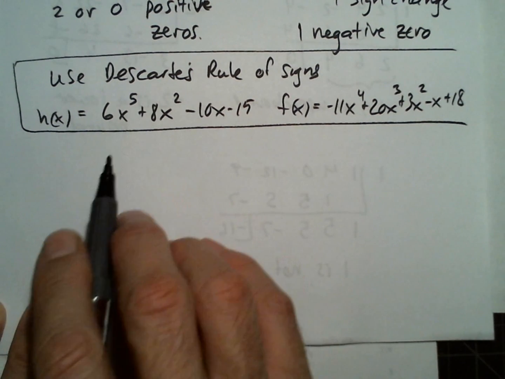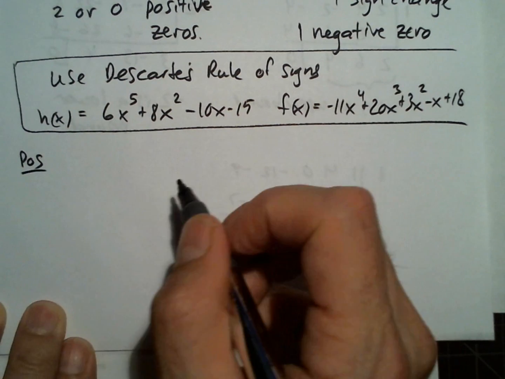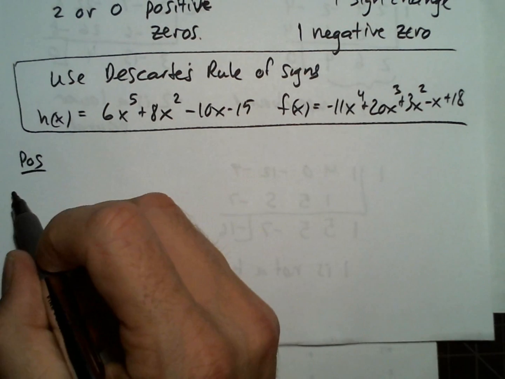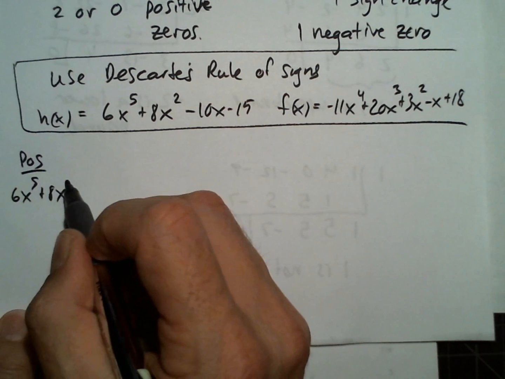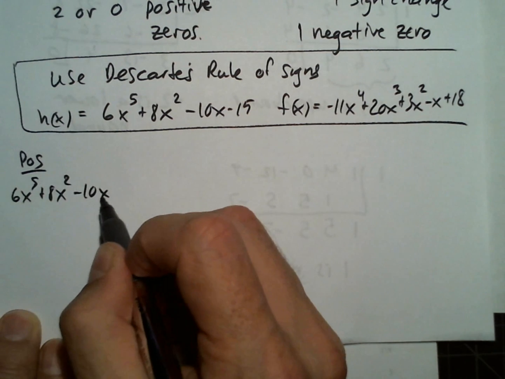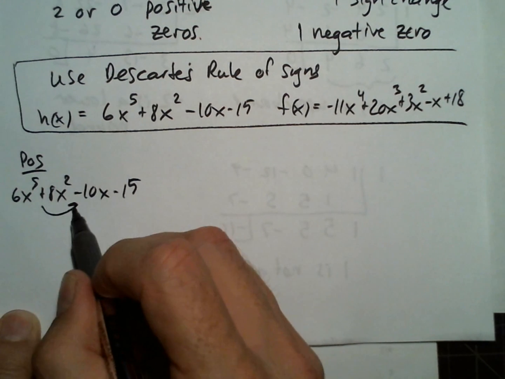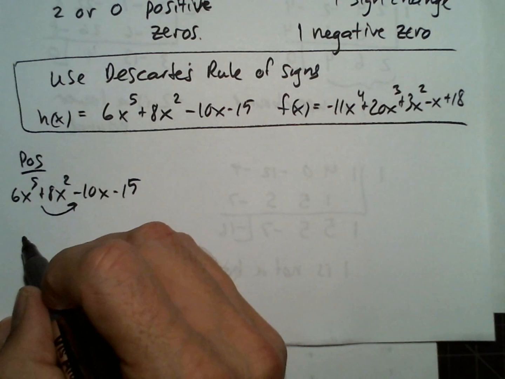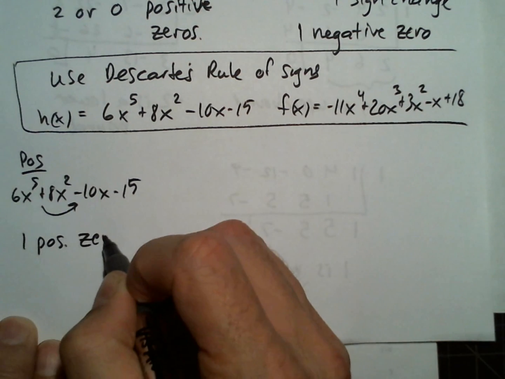Okay, so for this one, let's look for the positive zeros, and we will look for the sign changes in that. So we go positive, positive to negative, negative. So that means we have 1 positive zero.